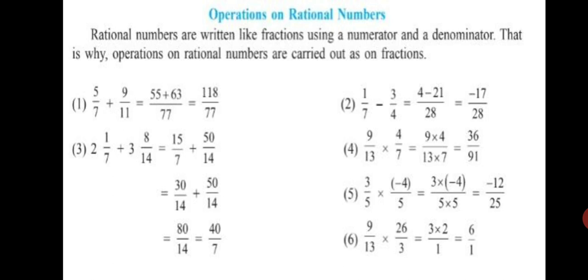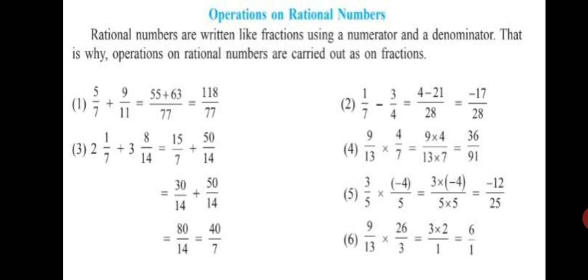So, we multiply 5 upon 7 by 11 and 9 upon 11 by 7. You get 5 11s are 55 and 9 7s are 63 in the numerator. So 55 plus 63 upon common denominator 77 is equal to 118 upon 77 is your final answer.